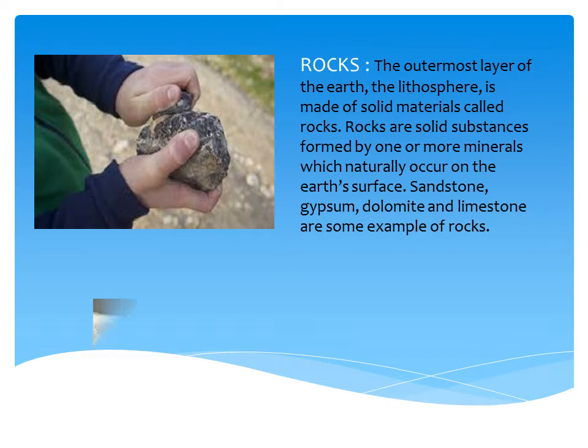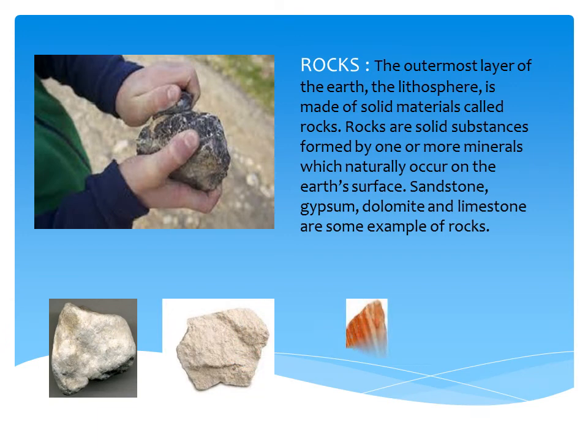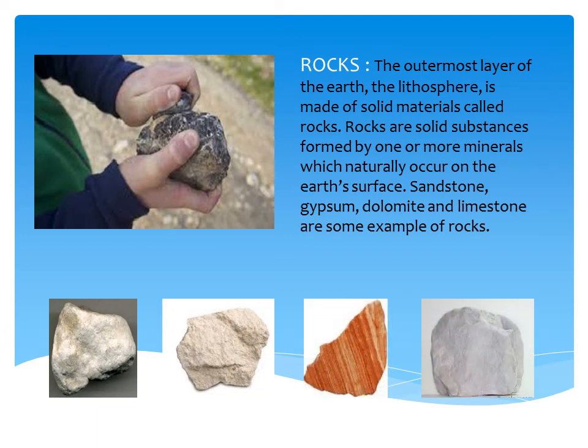Sandstone, gypsum, dolomite, marble, and limestone are some examples of rocks. Rocks vary in color, texture, chemical composition, and softness. The process that breaks down rocks into smaller pieces is called weathering. Now let us study about the three major types of rocks.